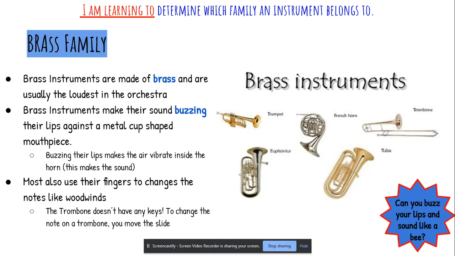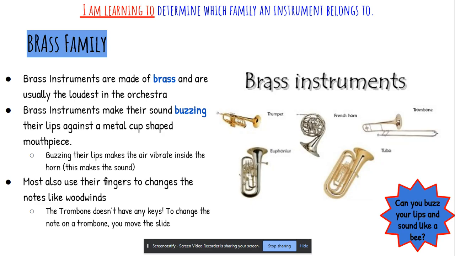They also use their fingers to change notes like woodwinds, but like the air that we were talking about a minute ago, they can put more air into it or they can move the way that their lips are and it can change the note. So they could only be pressing one key down and they could change to three different notes just by changing the amount of air and the way that their lips are placed.